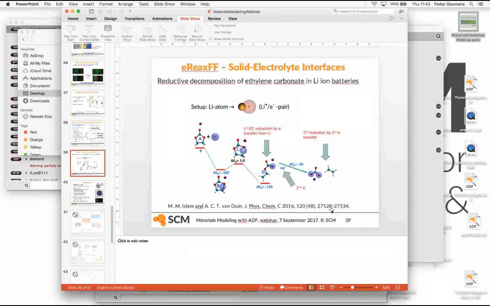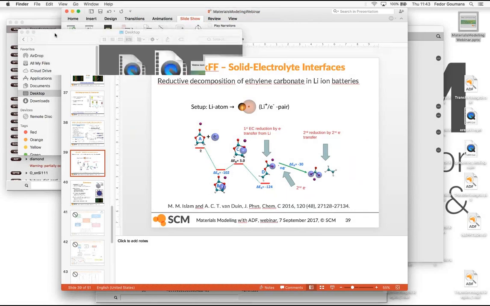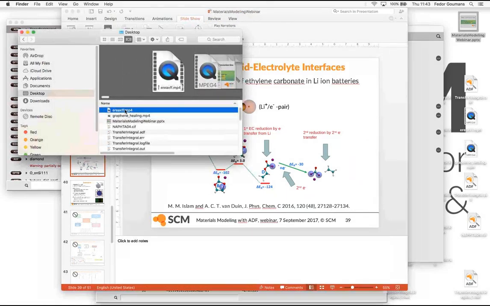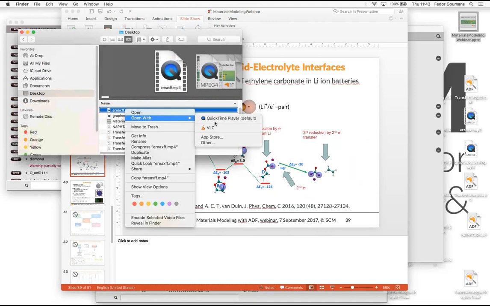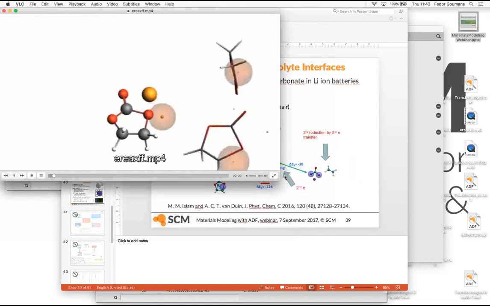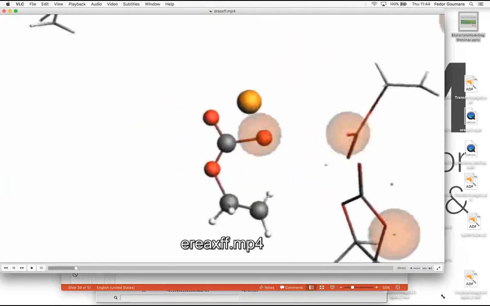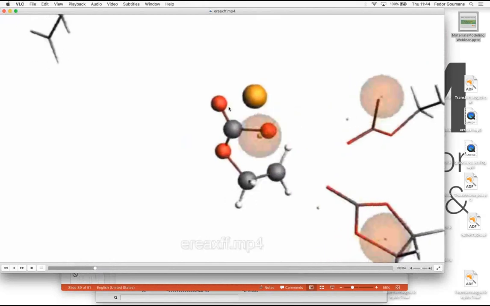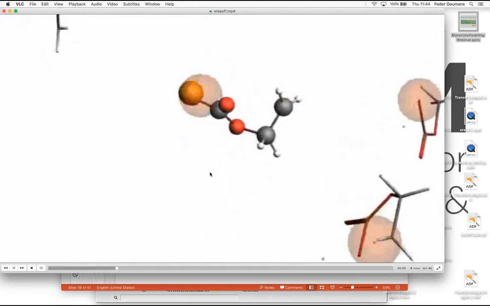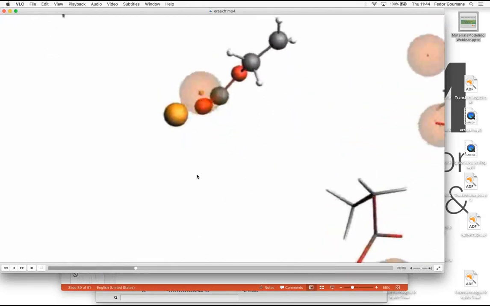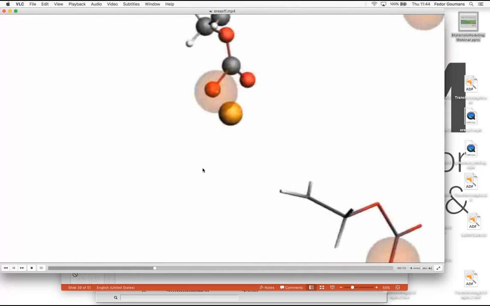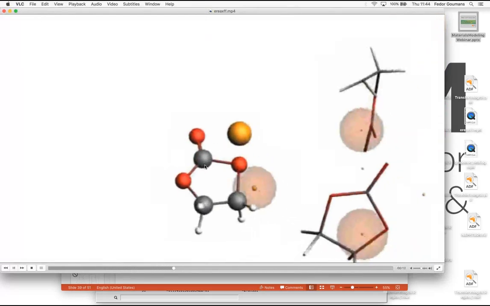So let me see if we can show you that movie as well. Make that a little bit larger. So this is just zooming in on the electrolyte in this simulation. The actual simulation box is around 1,000 atoms in this case.